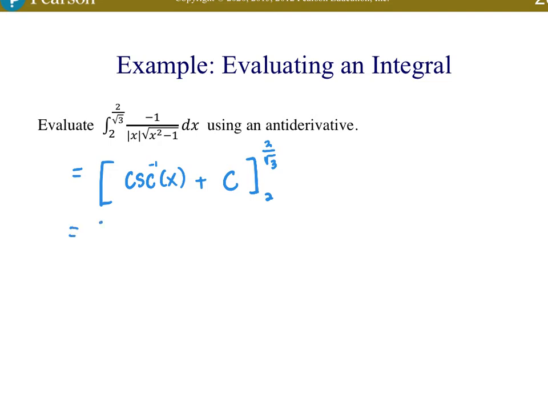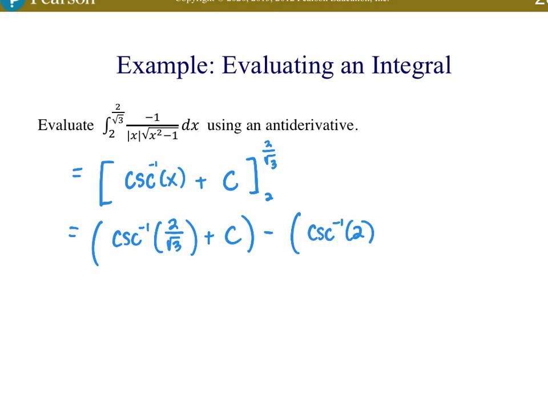So let's substitute into our first set of parentheses the inverse cosecant of 2 over rad 3 plus c, minus the second set of parentheses, the inverse cosecant of 2 plus c.